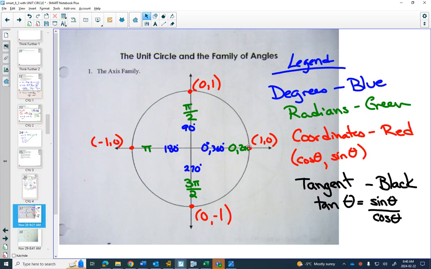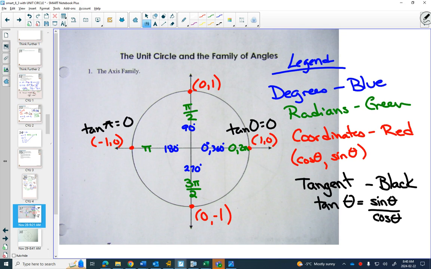And since tangent is sine theta over cos theta, we can also write that tan of 0 will equal 0. And tan of pi will equal 0.